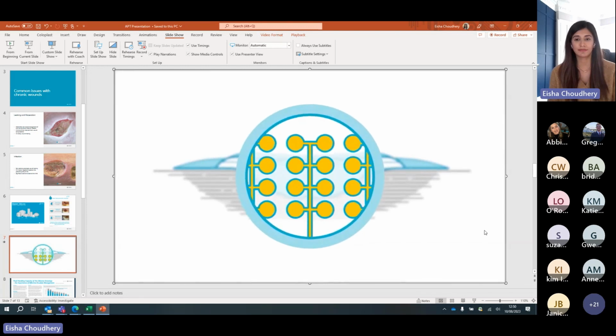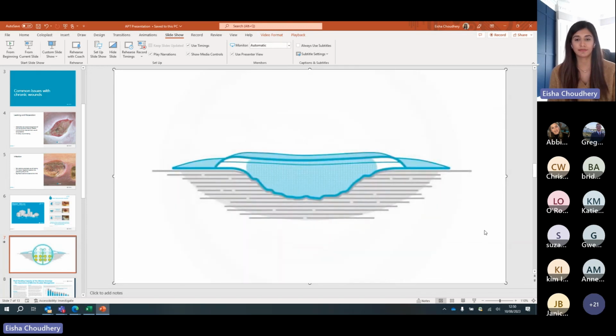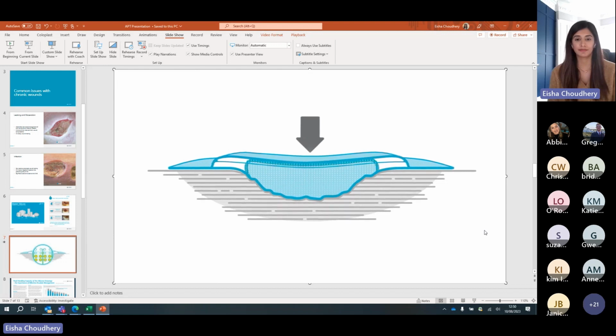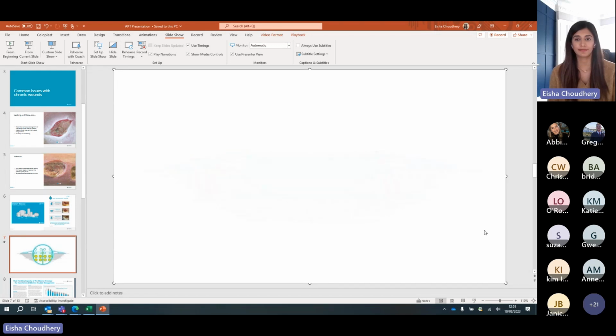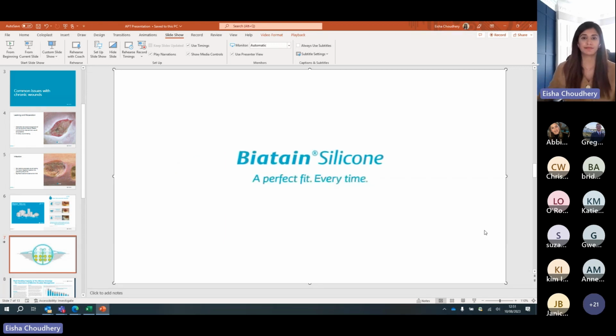As the 3D fit technology absorbs the wound exudate, biotin silicone conforms to the wound bed. The exudate is locked away and retained even under compression, reducing risk of leakage and maceration of the wound edges and peri-wound skin. As a result, the exudate is effectively managed. Biotin silicone, a perfect fit every time.